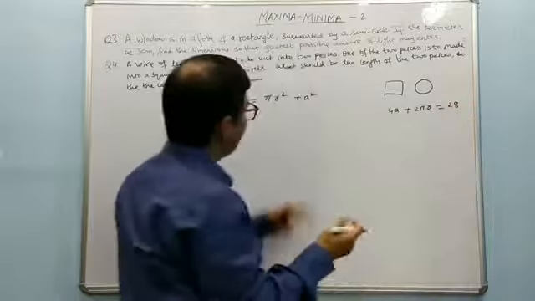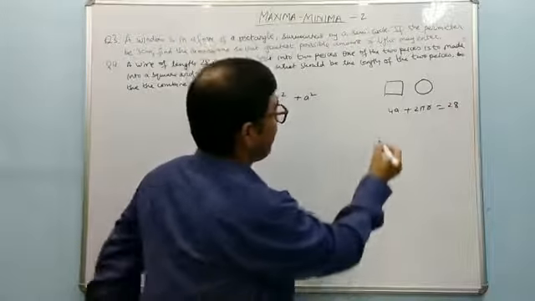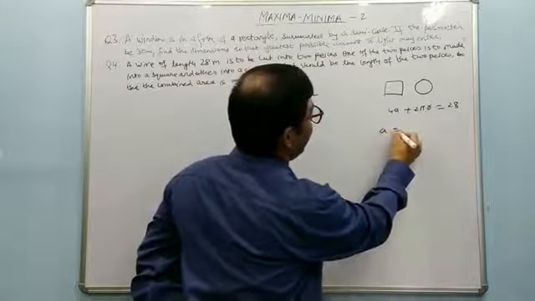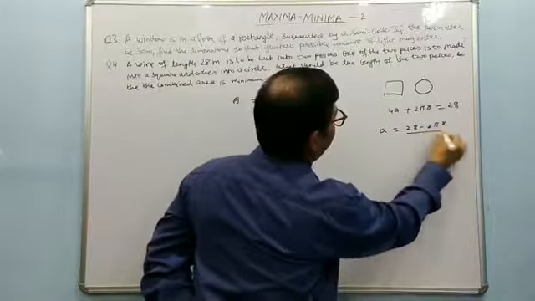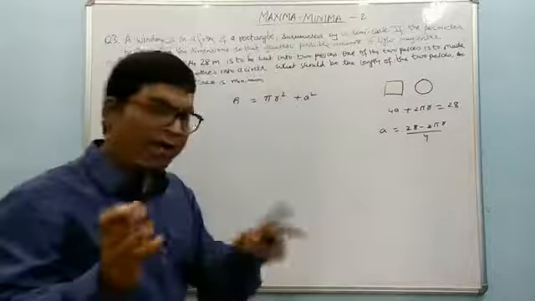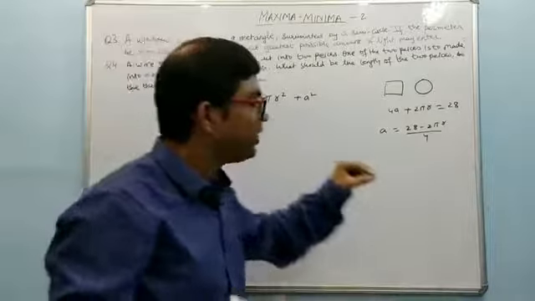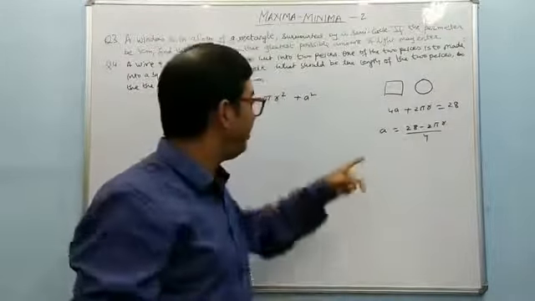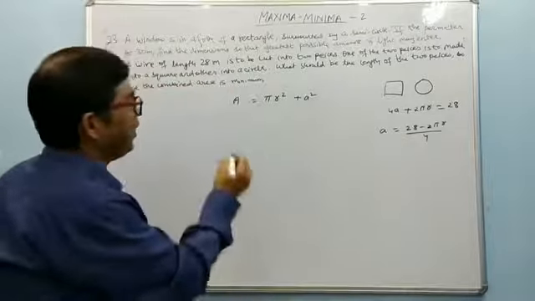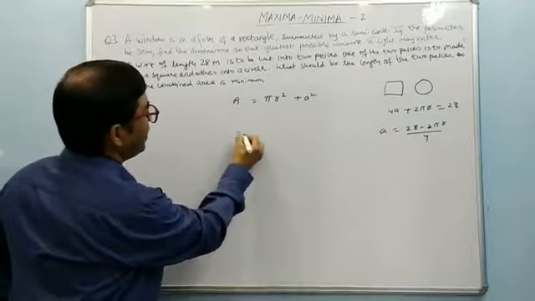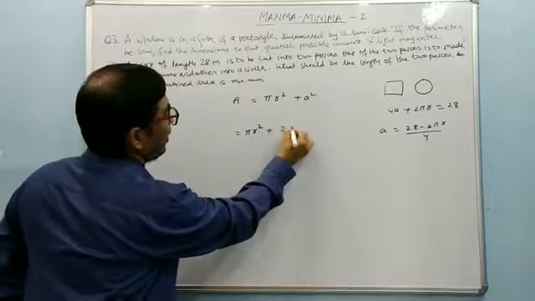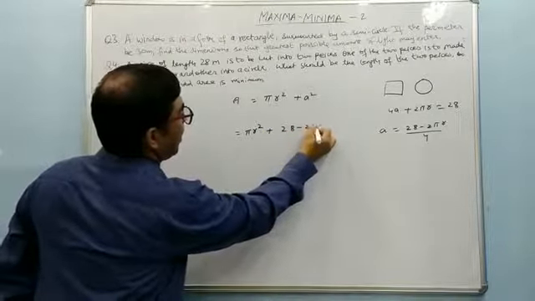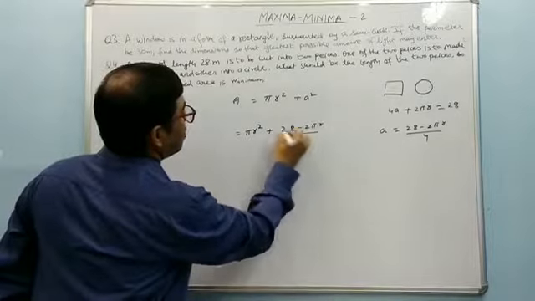So we will get the value of one of the variables. Suppose I get the value of a. a is (28 minus 2 pi r) by 4. So I will get the equation in terms of a single variable, that is r only. If I write the value of a, the area is pi r square plus ((28 minus 2 pi r) by 4) square.